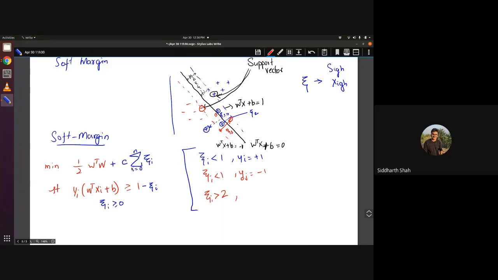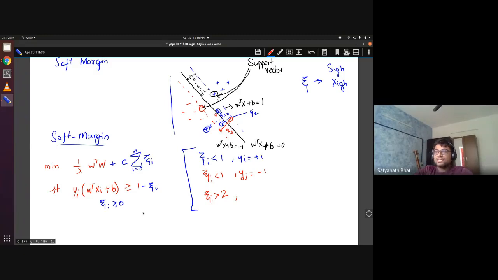Sir, my question is that the Xis are givens, right? No, the Xis are not given. They are part of the optimization variables, so you are optimizing over W, B and the Xis. How can the Xis be given? How can I tell which points I am going to violate?